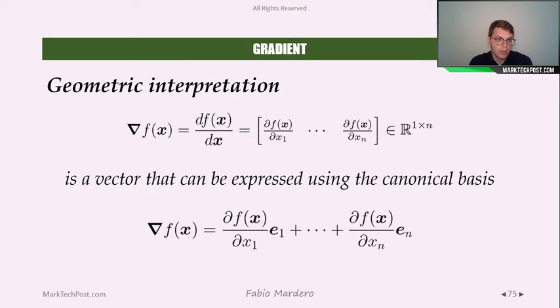Geometric interpretation of a gradient. Well, since the gradient is a vector, we can express that vector using the canonical basis. It means that we have, for example, the partial derivative with respect to the x-axis times the canonical basis vector that refers to that x-axis, and so on.